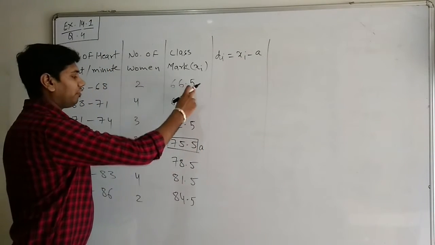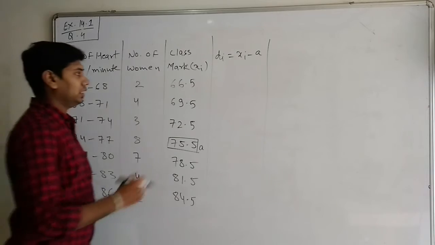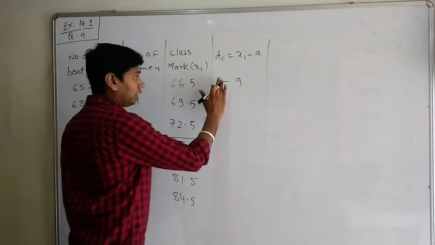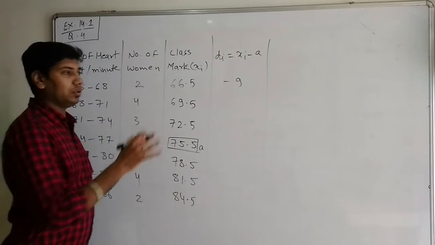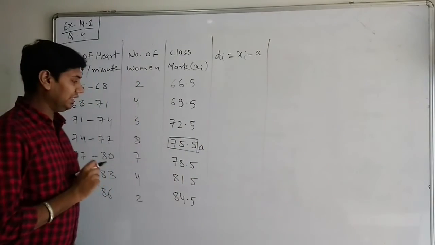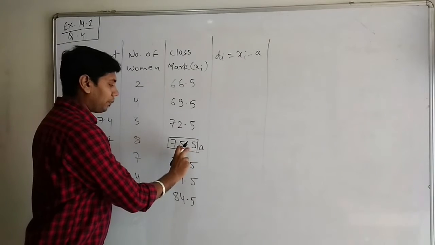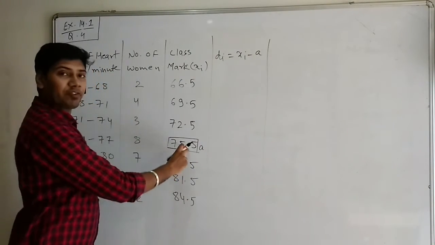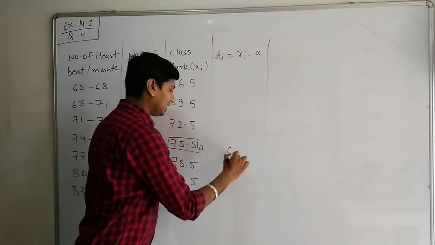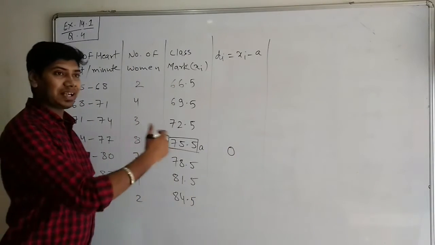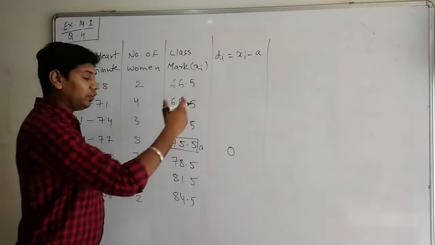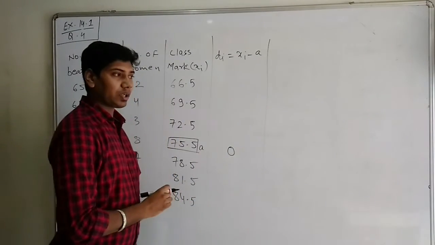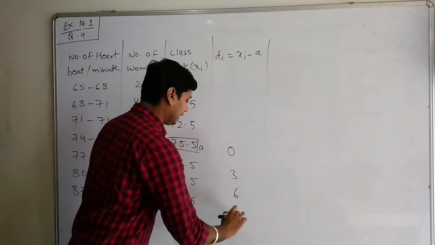So 66.5 minus 75.5 is equal to minus 9. You can also solve this step by a very easy method. First, subtract 75.5 from a. So 75.5 minus 75.5 is equal to 0. And our class size is 3, so values are in multiples of 3. So in the downward direction, it gives 3, 6 and 9.